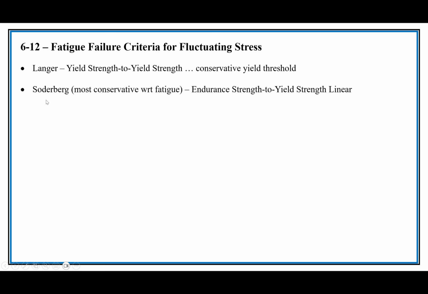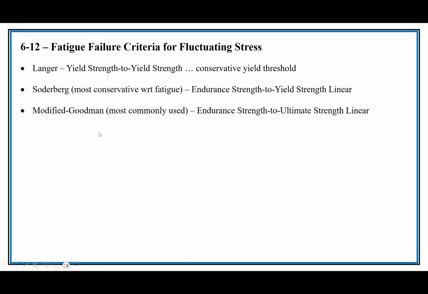Now we have our first and most conservative constraint, where we draw a line between our endurance strength and the yield strength, and we make it a straight line. That's the Soderberg, which we're about to see. I really should just show you these things besides describing them, because it's not really useful until you see the graph.